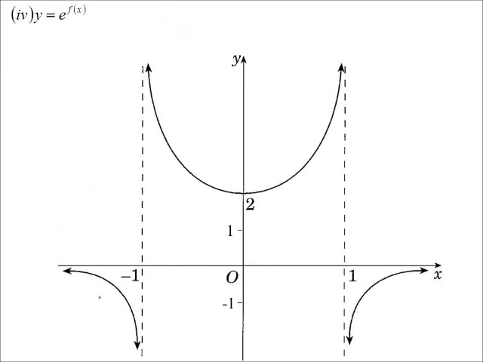Now here's the sort of one we haven't looked at yet, where we find some function of the function. So we get some function that we know, but instead of doing e to the power of x, we're doing e to the power of this graph.